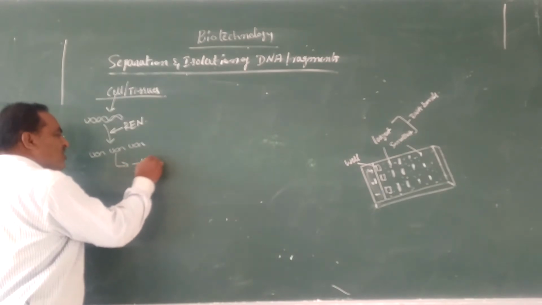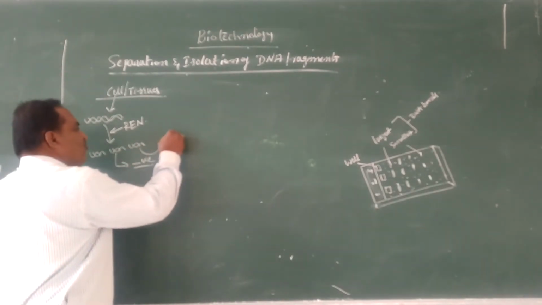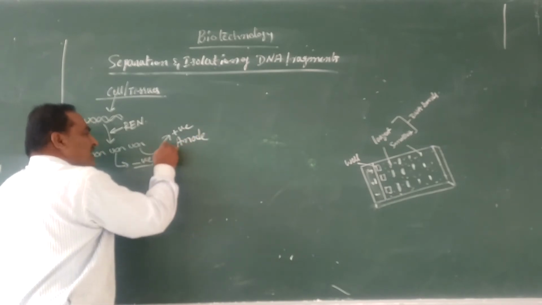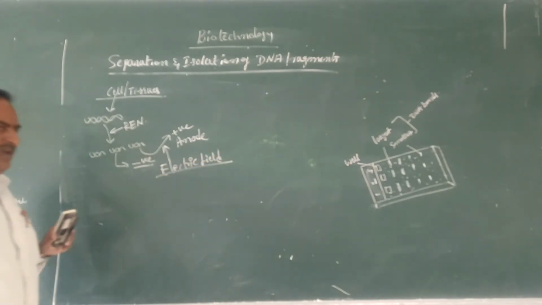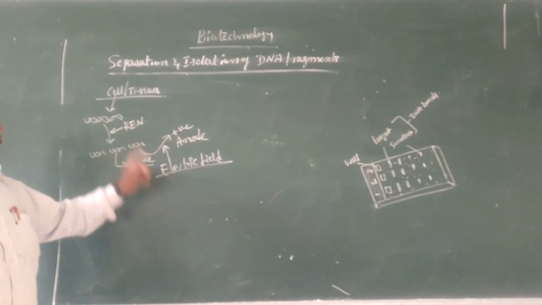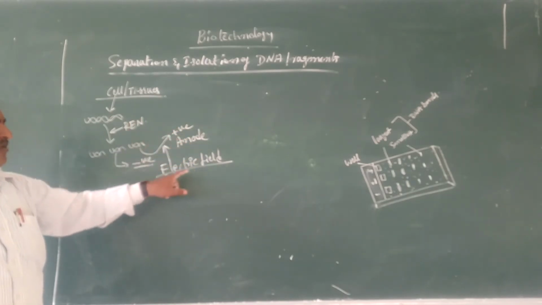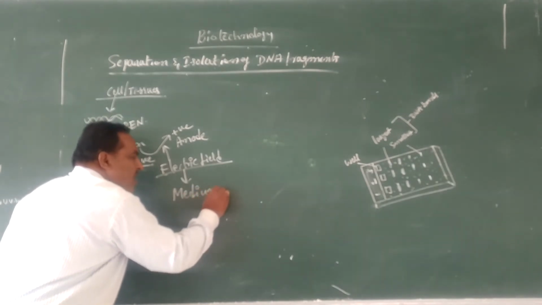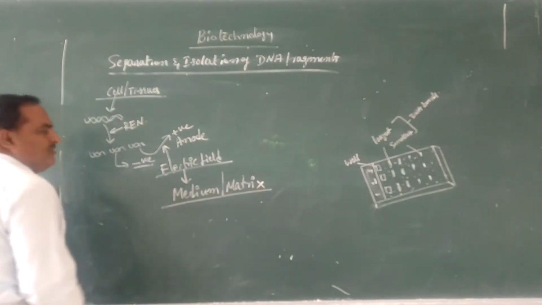DNA fragments are negatively charged, hence these DNA fragments move towards the positively charged anode in an electric field, on a medium or matrix.